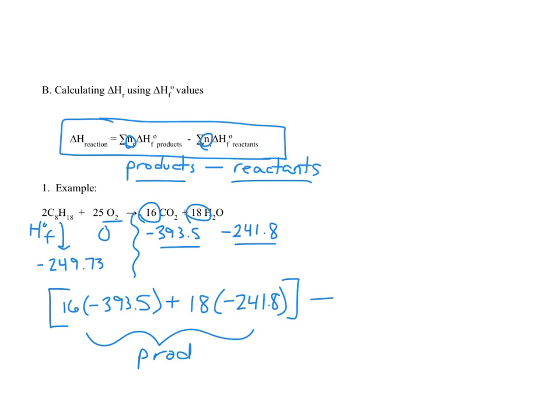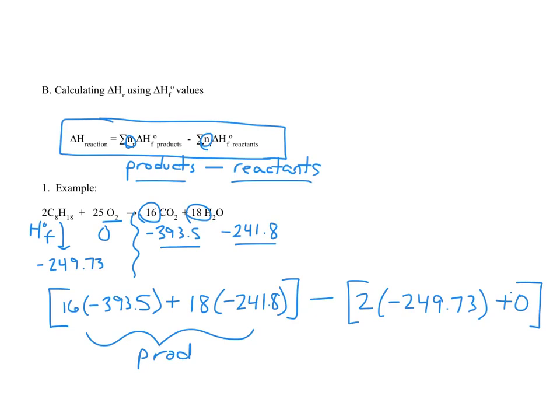Products minus, and then on my reactant side, I have 2 octanes, so octane is negative 249.73. And then oxygen is 0, so I can go ahead and put 0 there. I'm going to go ahead and add all of those up. Actually, I kind of like to do everything in the brackets together first.